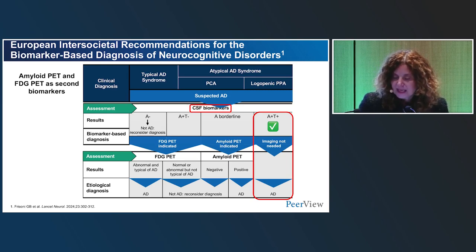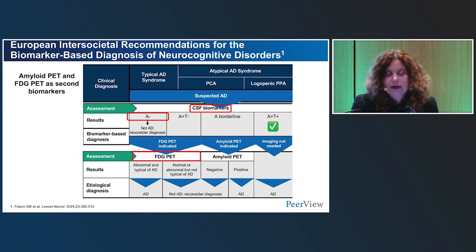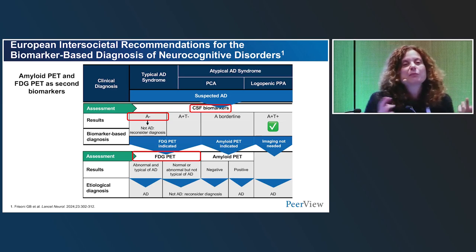Then, if we believe that it's Alzheimer's disease, but the result is A-, then clearly, as Satoshi showed us, FDG-PET is useful because of this aspecificity of FDG-PET, the capability to track neurodegeneration regardless of the neuropathological proteins deposition, can guide us through alternative diagnosis.